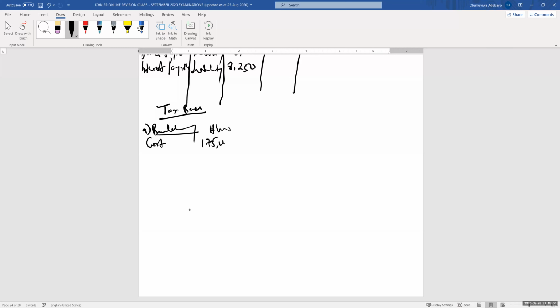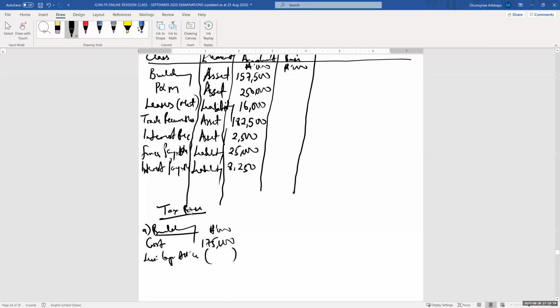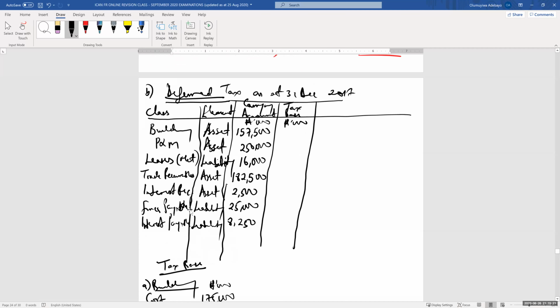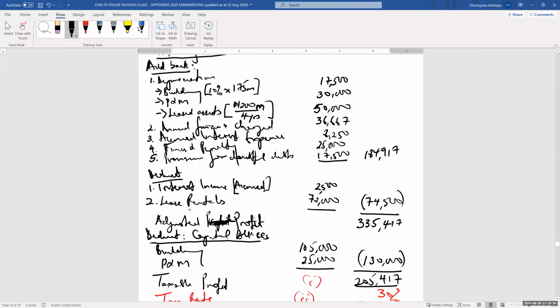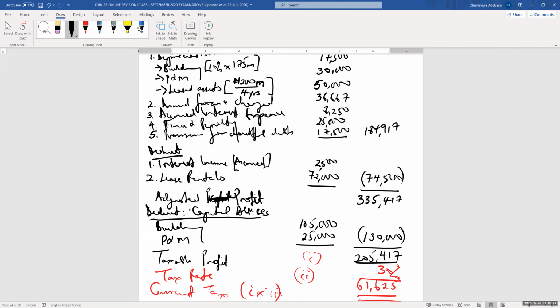175,000. Less the capital allowance. What was the capital allowance of the building? It was 105. Can we remember? It was 105. Remember here, 105. Can you see it here? Yes, it is. And capital allowance for plant and machinery is 25,000.